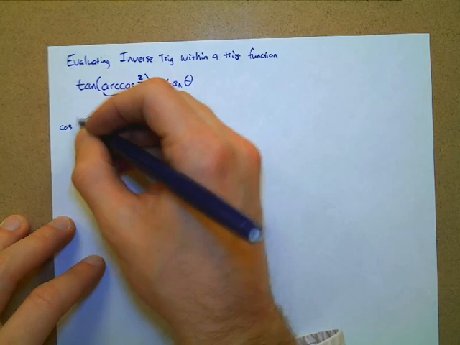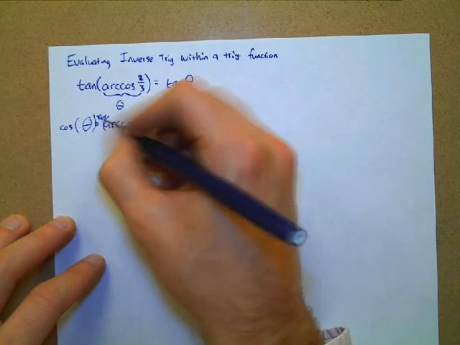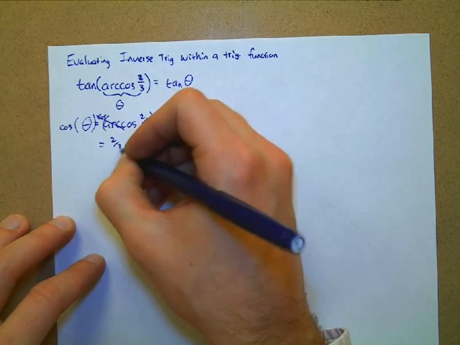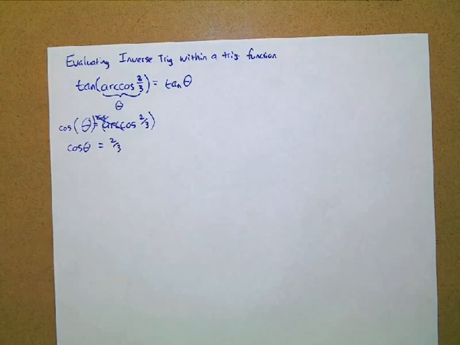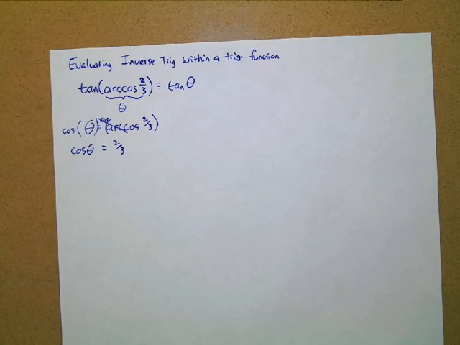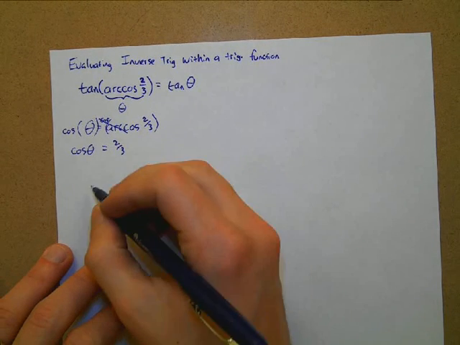How are we supposed to figure this out? Well, we can put this in a right triangle. So I'll put my theta in the right triangle there. From the fact that cosine of theta has to be 2/3, I know that my adjacent leg has to be 2, and my hypotenuse has to be 3.